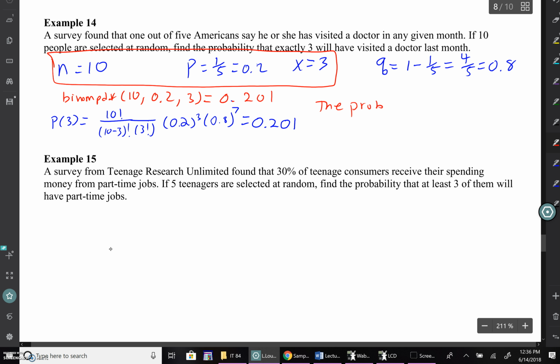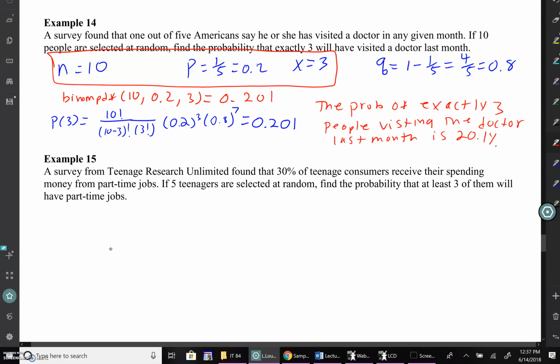So the probability of exactly 3 people visiting the doctor last month is 20.1%. Questions on that?